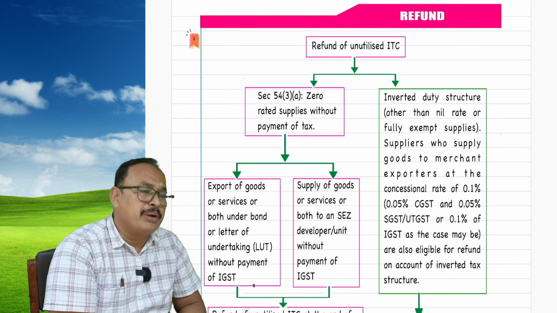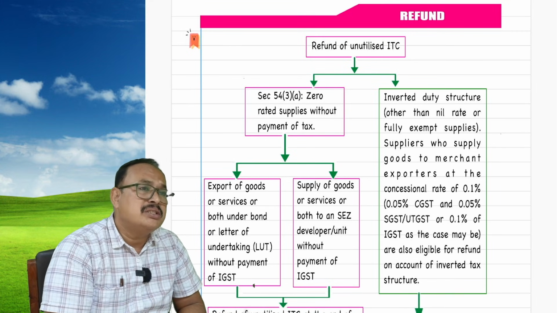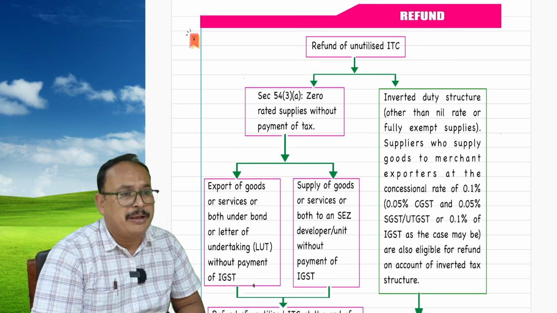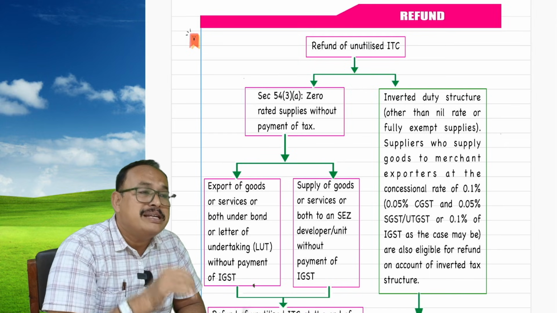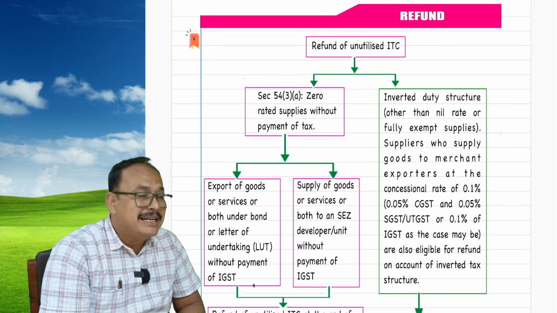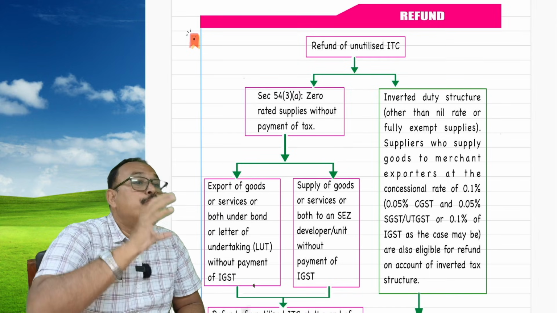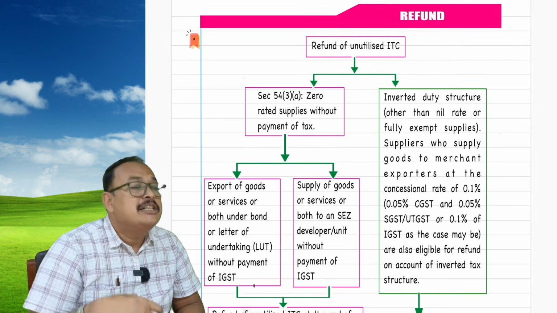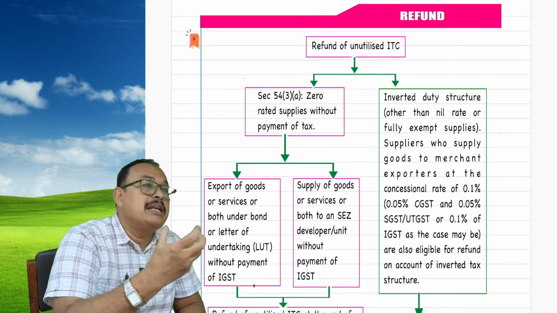Supplying goods under LUT without payment of GST is called zero rated supply. In that case, the input tax credit on input goods and input services proportionately attributable to the export of goods turnover and export of services turnover, you can claim as refund.